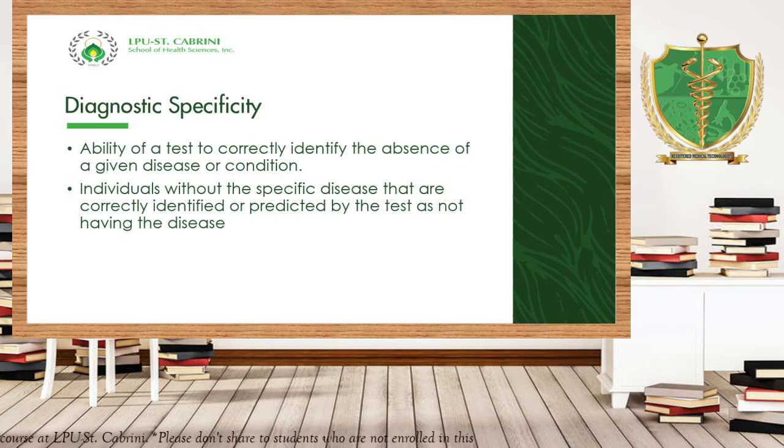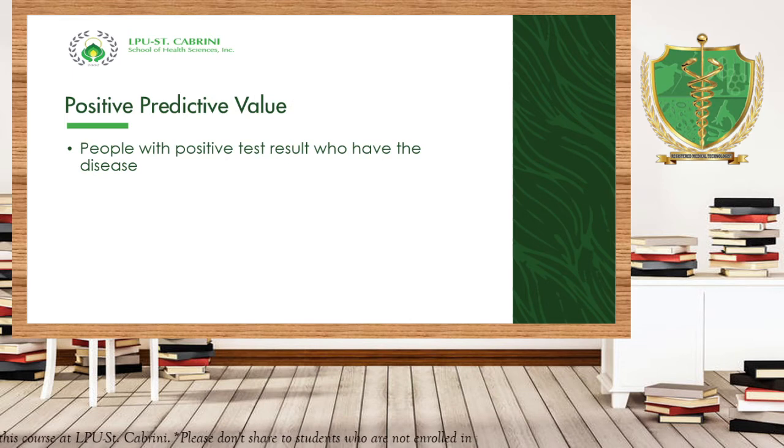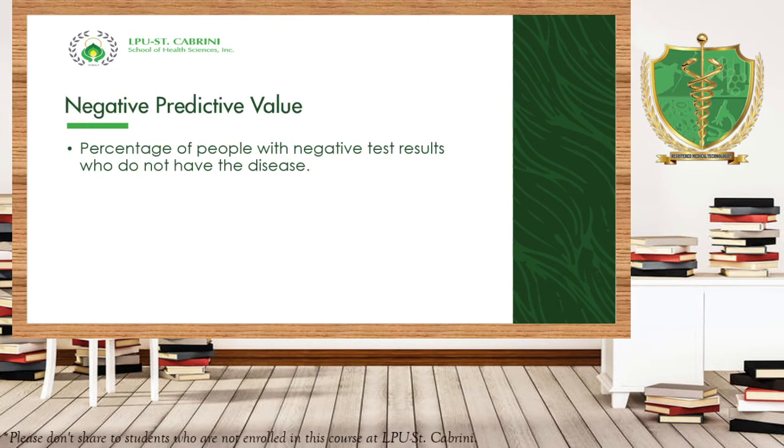While diagnostic specificity is the ability of the test to correctly identify the absence of a given disease or condition. We also have the predictive values, which utilize the parameters of sensitivity and specificity as well as the disease prevalence. PPV, or the positive predictive value, is the people with a positive test who have the disease. And the negative predictive value is the percentage of people with negative test results who do not have the disease.